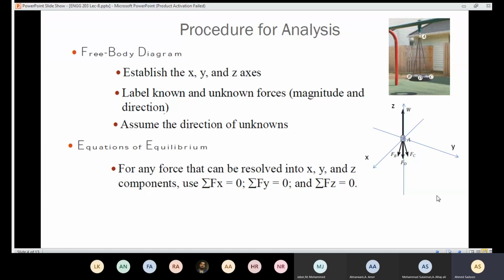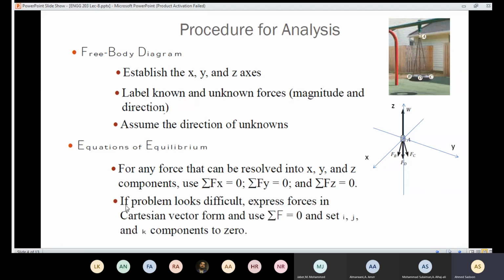So if the problem is complicated and you cannot resolve the forces into their components, you need to express all the forces in their Cartesian form. Then we use the general equation, which is the summation of the force vectors equals 0, and set the i, j, and k components to 0.